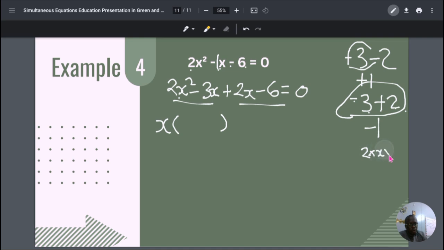You know it's x squared, so x is coming twice, times x. So we divide it by the x we are using as a factor. So this will cancel one of the x's. So what we have left is 2 times x, which is 2x. That stays in the bracket. And then 3x divided by x is 3. So minus 3.